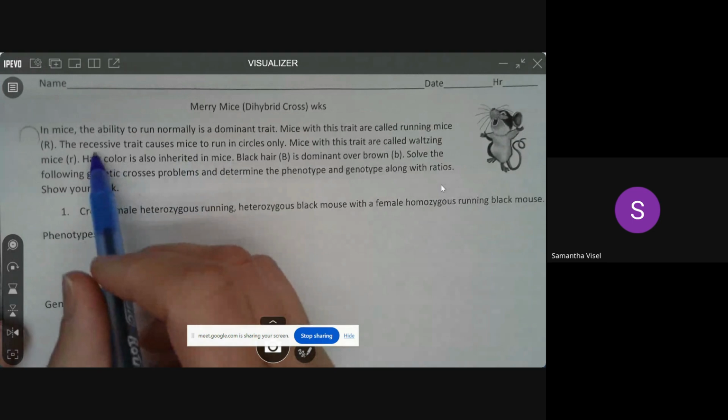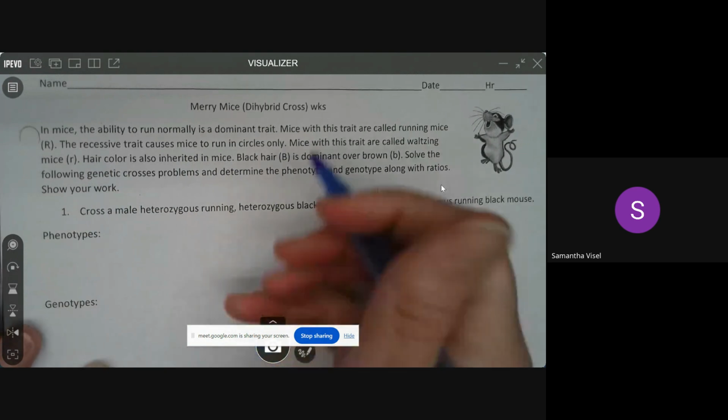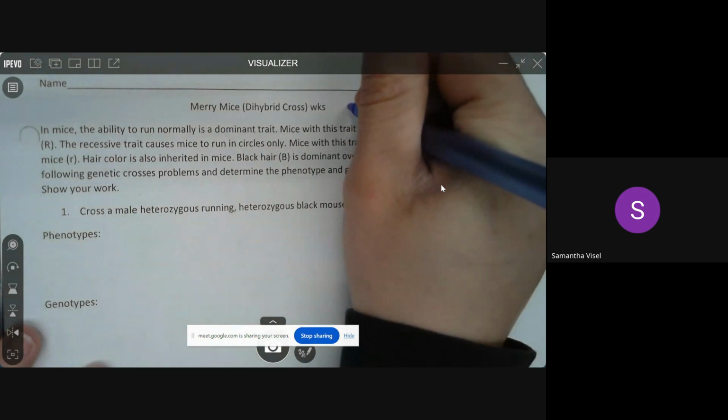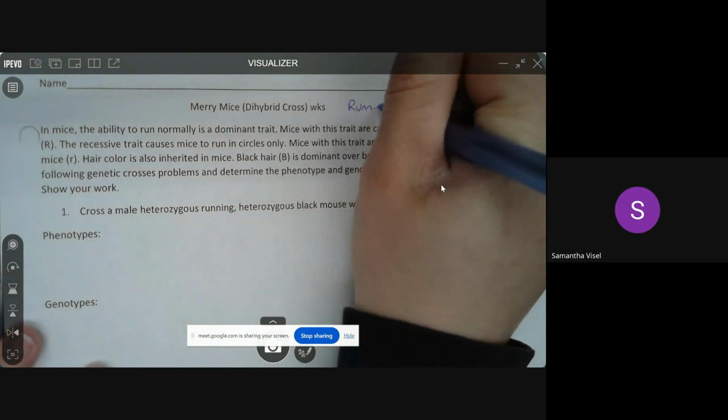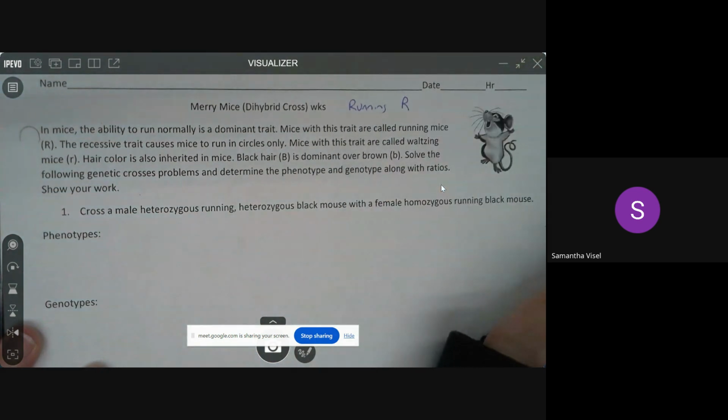So we have in mice, the ability to run normally is considered a dominant trait. And mice with this trait are called running mice. So it might not be bad to have a little key here. So running is dominant. And so we're going to use an uppercase R for running.